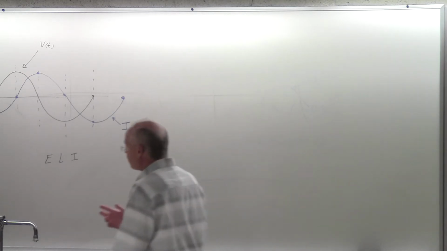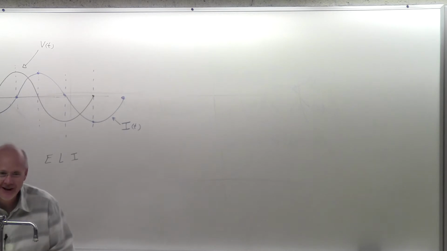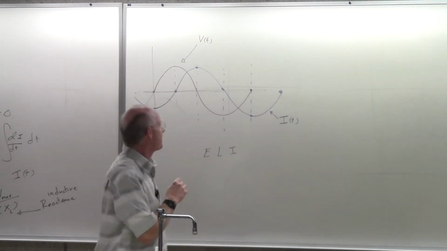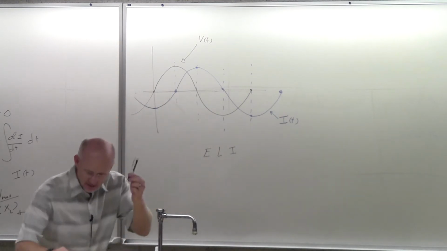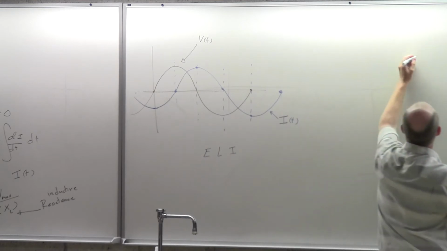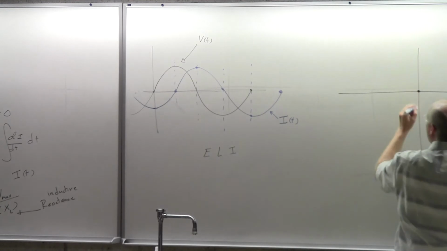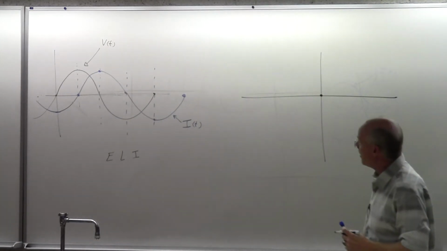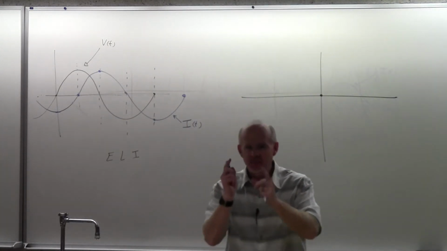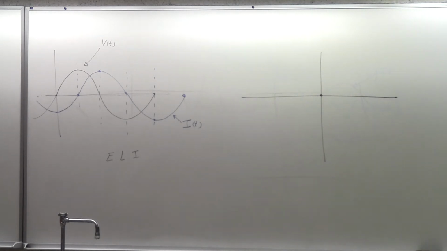Now, probably not a surprise, but what would this look like on a phasor diagram? What would this graph look like? So here's my grid. It would be two spinning sticks separated by 90 degrees.